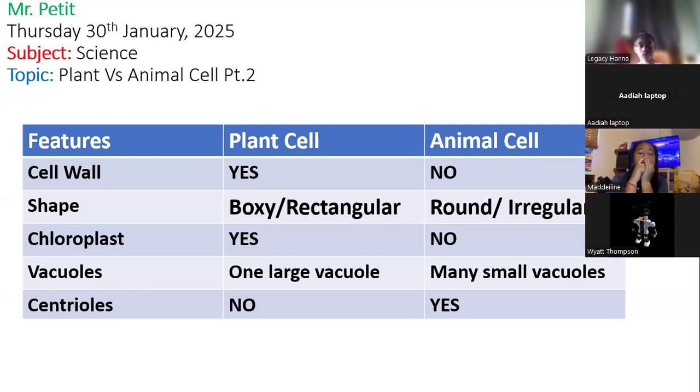And the plant cell's shape is boxy and rectangular, but the animal cell is round and irregular, like that. The plant cell has a cell wall, but the animal cell doesn't. The plant cell's shape is boxy or rectangular, and the animal cell's shape is round and irregular.